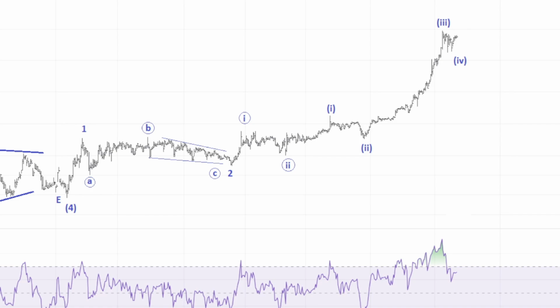Here, the noteworthy thing is that this weakness in the rupee is not over in any way. Minute wave 4 and minute wave 5 are pending, and that will finish the minor wave 3 advance.